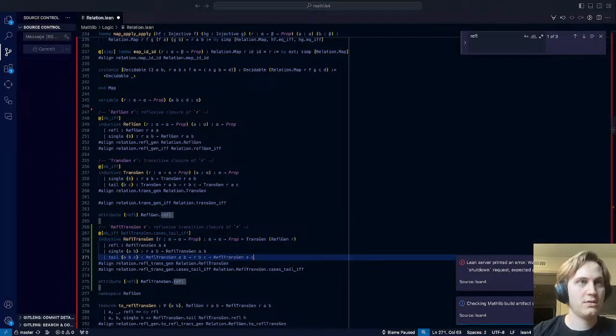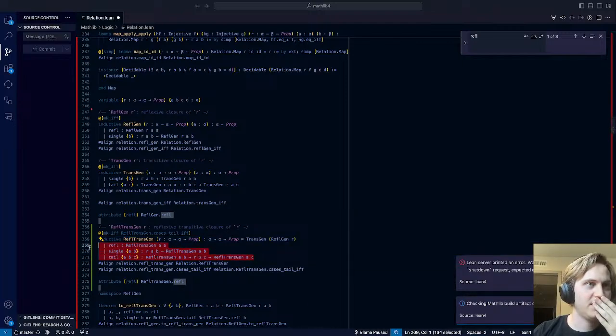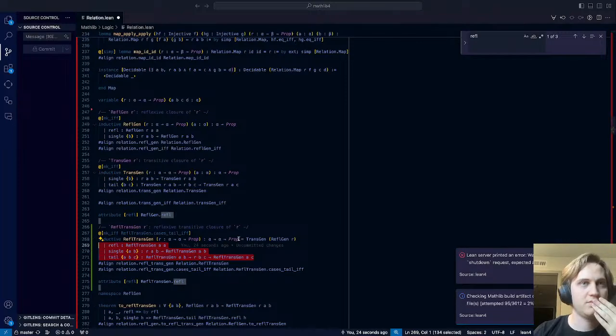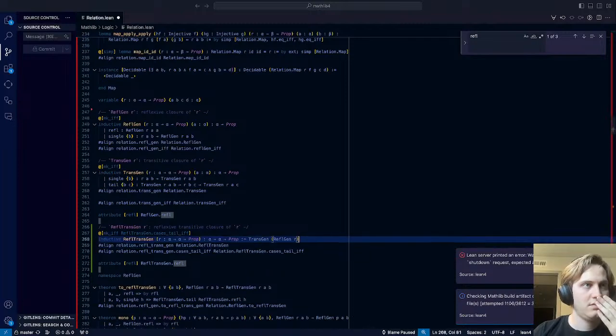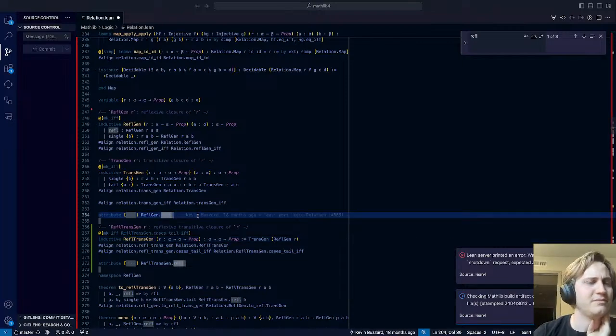TransGen ReflGen R. Of course, it did not need to put all that stuff down because I defined you just here. I'm defining this like this. I don't know what these alignment statements are for, yeah, I don't know, Mathlib 3 or whatever.